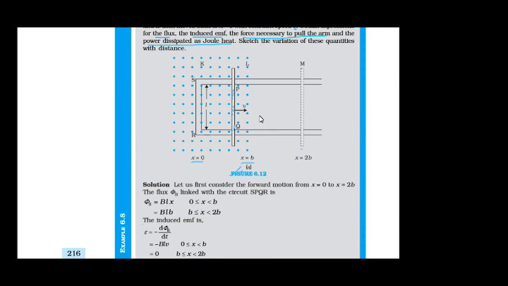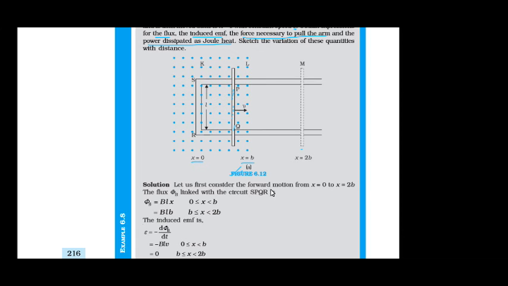Because we are moving PQ, the distance is increasing. Again when we are pulling back, the x distance is decreasing. So when we are pulling back to x equal to 0, how will it vary with the distance? Solution.